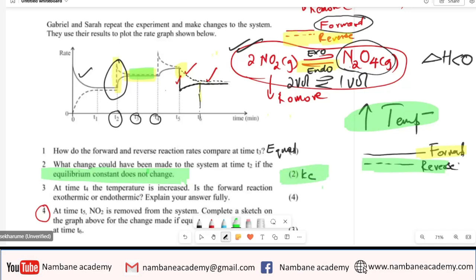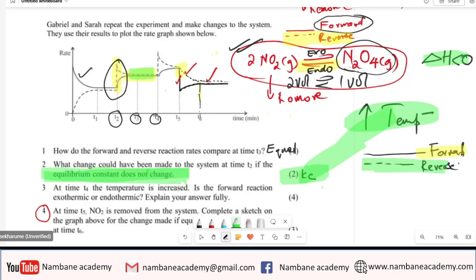I mean, it can't be the temperature, because the equilibrium constant does not change. It must be pressure. I'm struggling because I didn't copy the original equation. I hope you are with me on that.